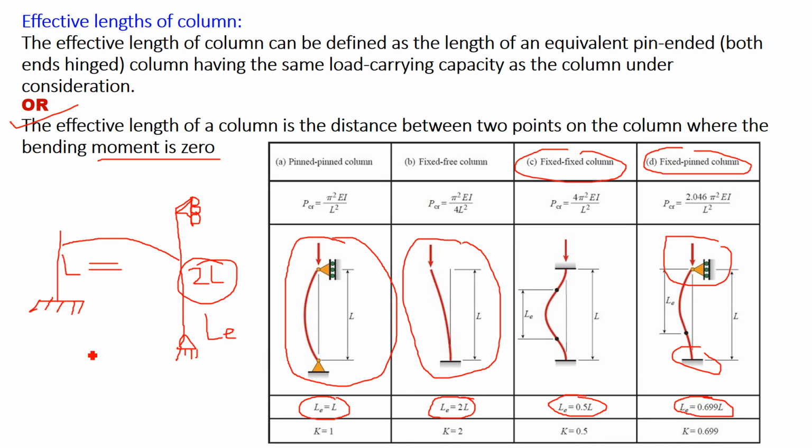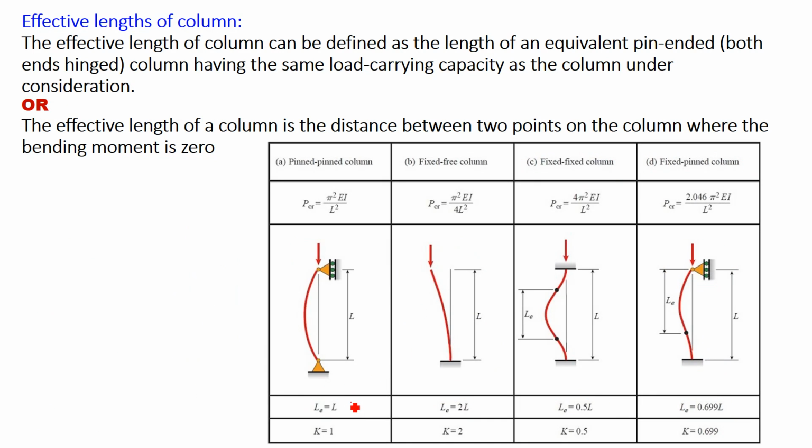Effective length formulas are always asked during interviews and examinations. Effective length of simple column LE equal to L, of cantilever column LE equal to 2L, of both end fixed column LE equal to 0.5L, and of one end fixed, one end simple column, LE equal to 0.7L.